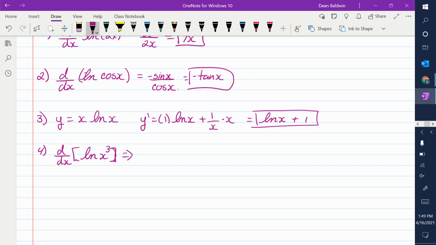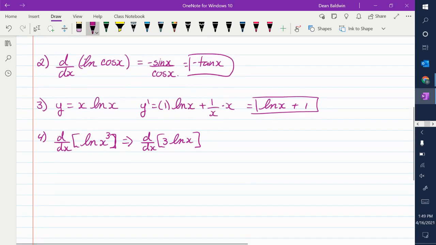So this can be rewritten as 3 natural log of x. Constants can be pulled out or you just kind of forget about them, right? You have to put them back in at the end, but you just have to look at natural log of x. What's the derivative of natural log of x? 1 over x, right? Does everybody agree with that? Times the 3, so I get 3 times 1 over x, or just 3 over x.